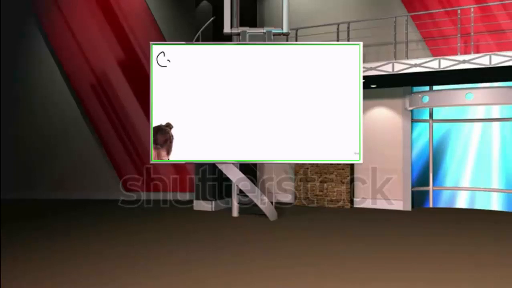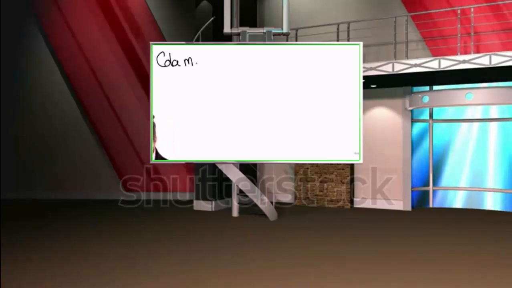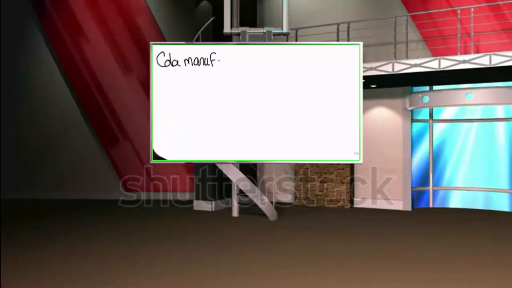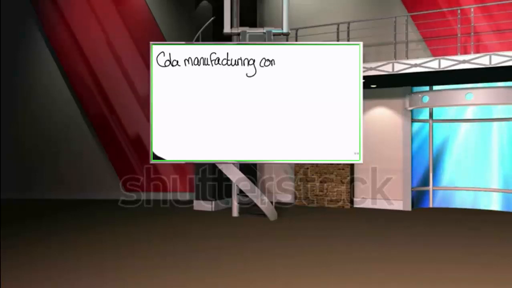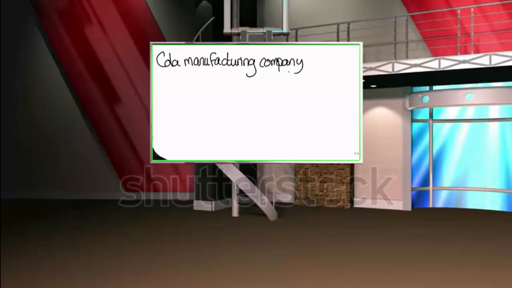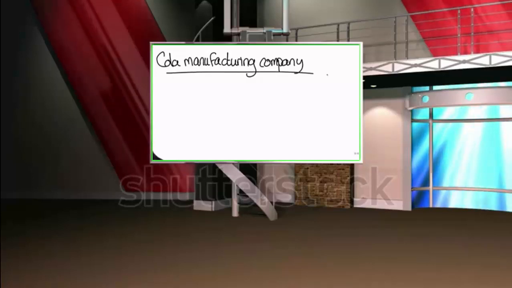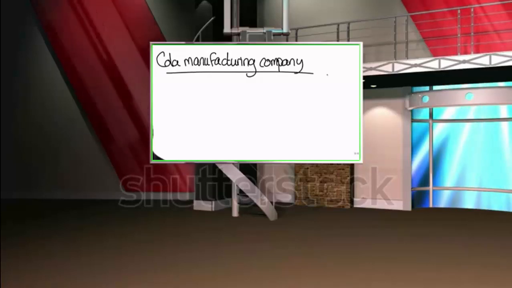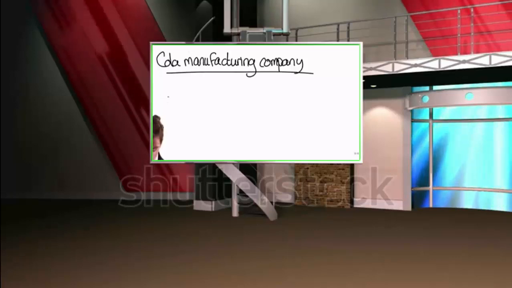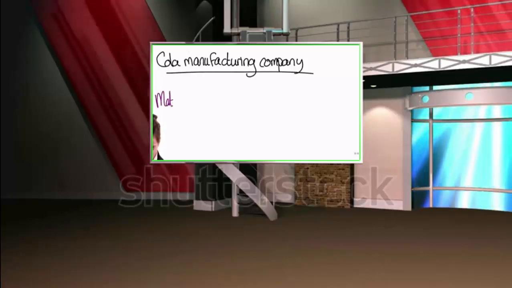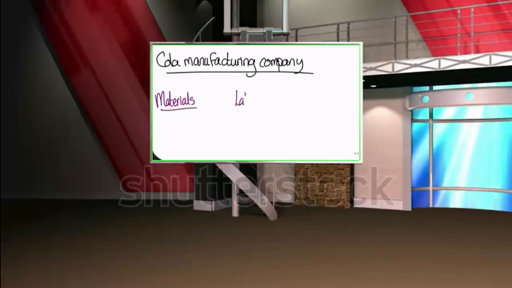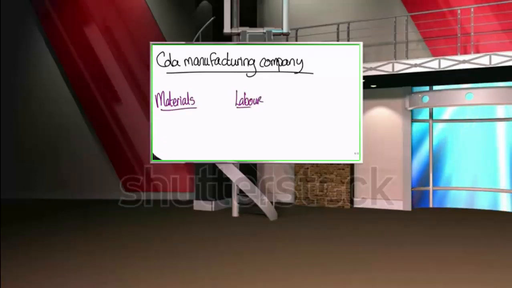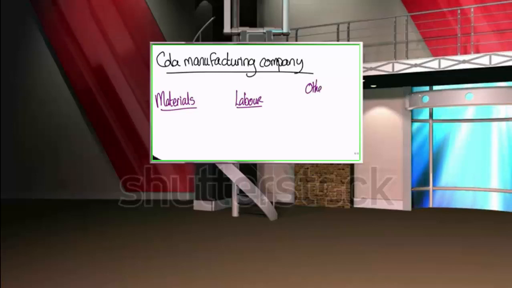If we have a cola manufacturing company, we want to think about what costs might be incurred by the company in terms of materials, labour, and other expenses.